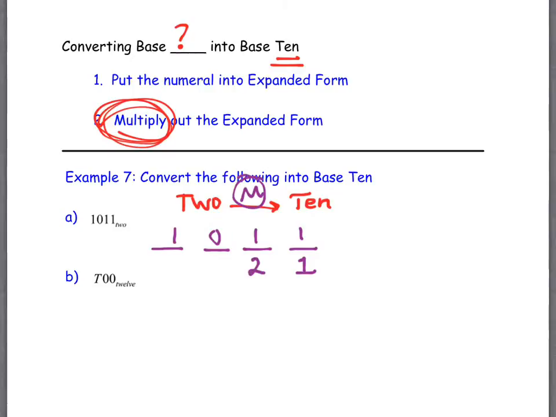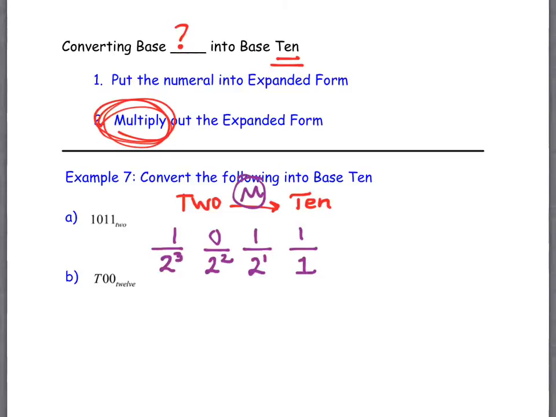The second one would be our 10's place, so it's the 2's place, or 2 to the 1. The next one would be the 2 squared's place, right? 10 squared is what we would have, which is 100. And the last one, or the first one listed, if you will, is the 2 cubed place, which would be our number 1,000, because it would be 10 cubed. So these are powers of 2 because I'm in base 2. Are we good so far? All right.